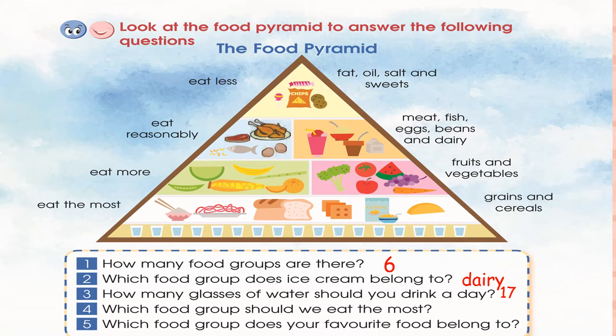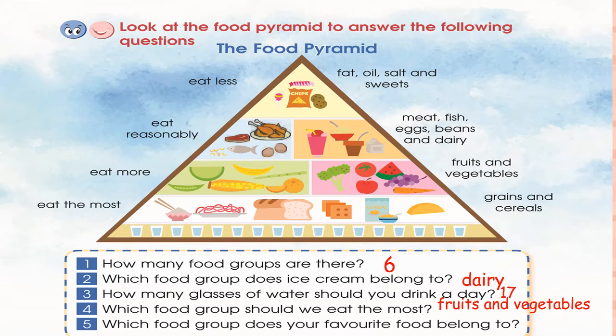Number 4: which food group should we eat the most? Fruits and vegetables. Or we can say also grains and cereals. These 4 kinds of food: fruits and vegetables, grains and cereals.